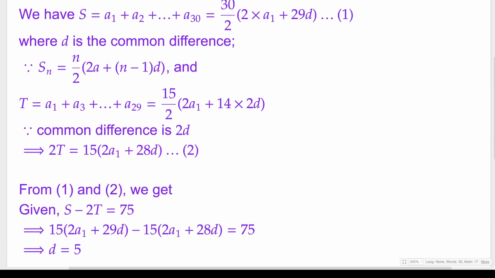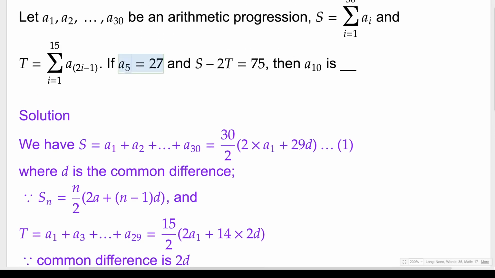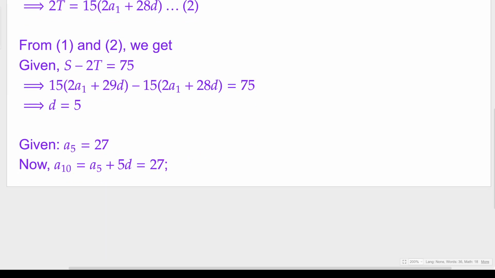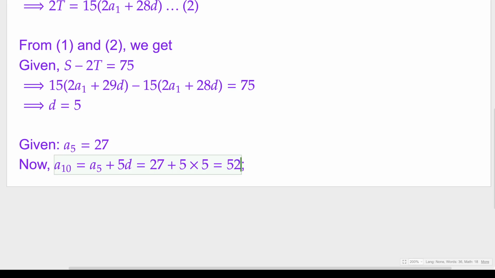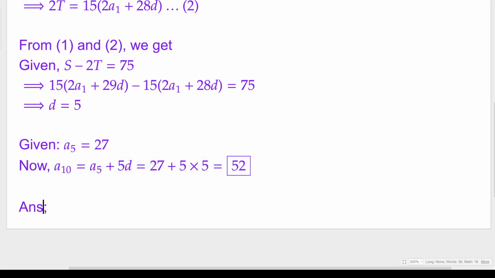It is given in the problem statement that a subscript 5 is 27, so I'll write that here, and then 5 times d, that is 25. So 27 plus 25 is effectively 52, and hence this is the answer. The answer to this problem statement is 52, and hence it is solved.